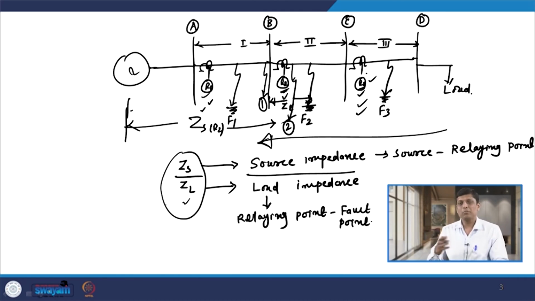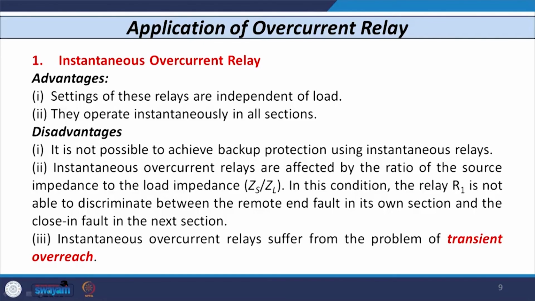So, it is not possible to discriminate between the remote end fault in one section and the close in fault in the other section. This is the main disadvantage of instantaneous overcurrent relays, that they are affected by the ZS by ZL ratio, that is the source impedance to load impedance ratio. This is one of the biggest disadvantages of instantaneous overcurrent relays.